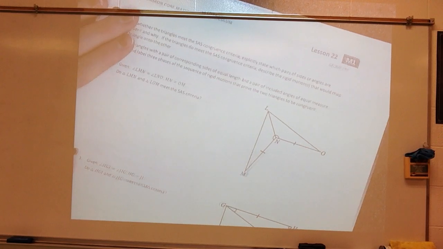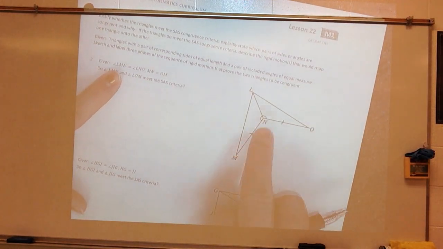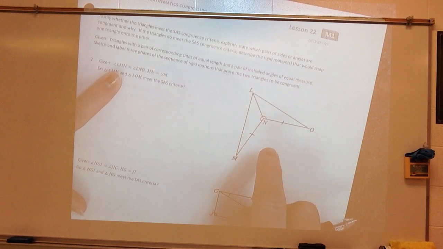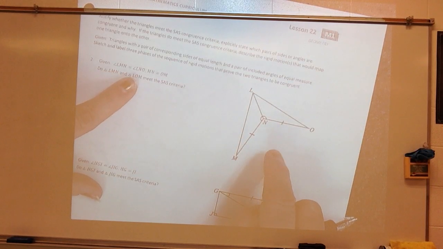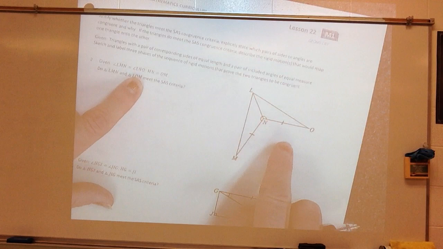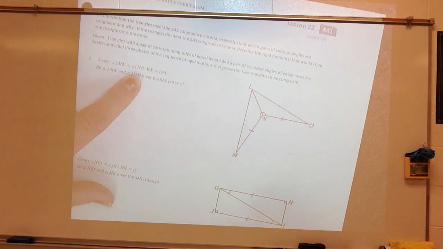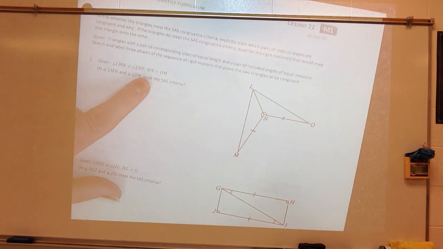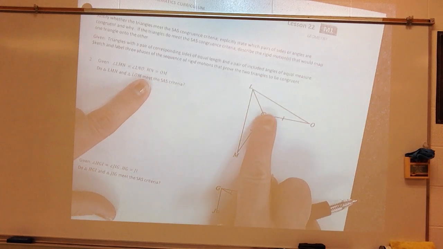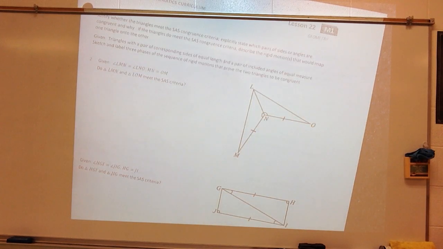So I'm given that angle LMN is equal to the measure of angle LNO, and I am given that MN is equal to OM, which I'm thinking they've given you some wrong letters there.